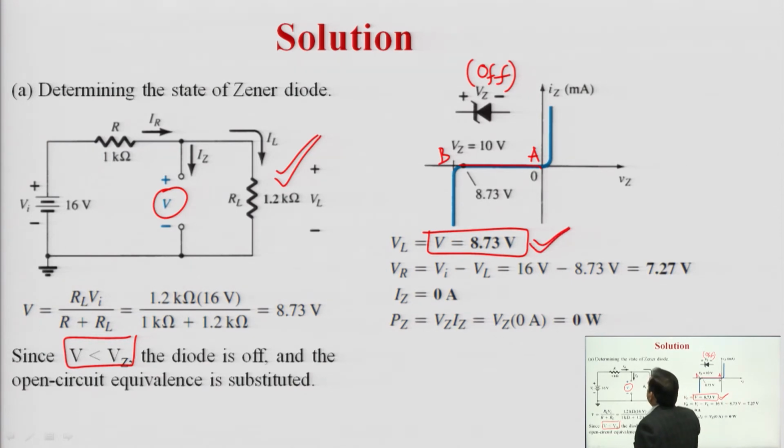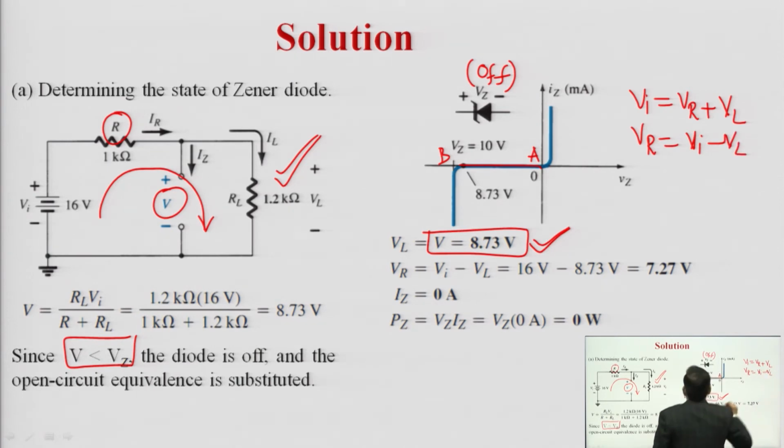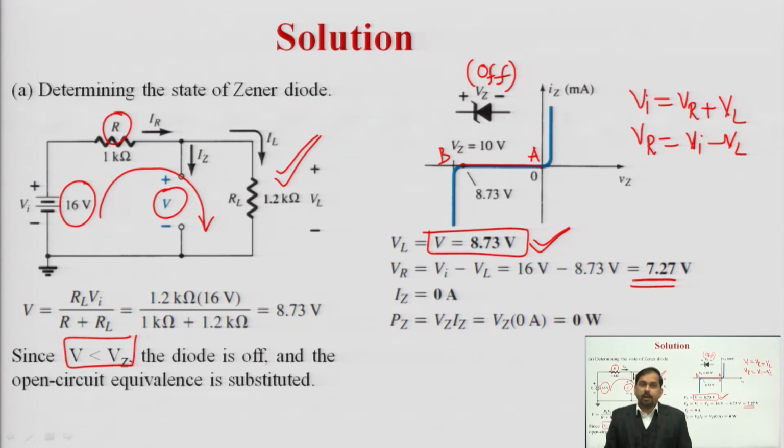Next, what is the voltage drop across the series resistance R? We can apply KVL in this loop, which says that VI equals VR plus VL, or VR equals VI minus VL, where VI is 16 and VL is 8.73. So, this VR comes out to be 7.27 volt. And it is clear from this equivalent circuit that once this Zener diode is off, no current will enter into the Zener diode.